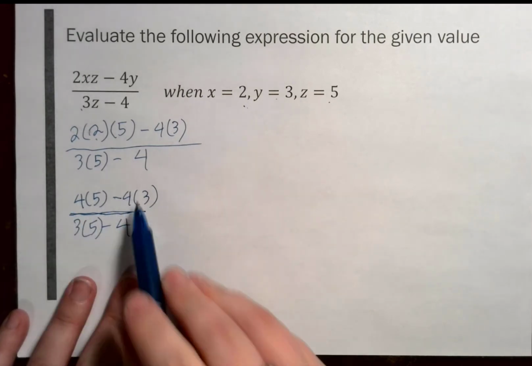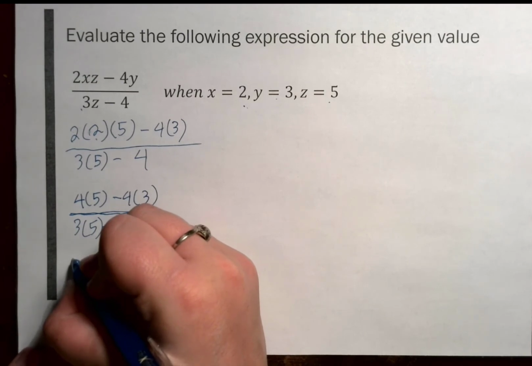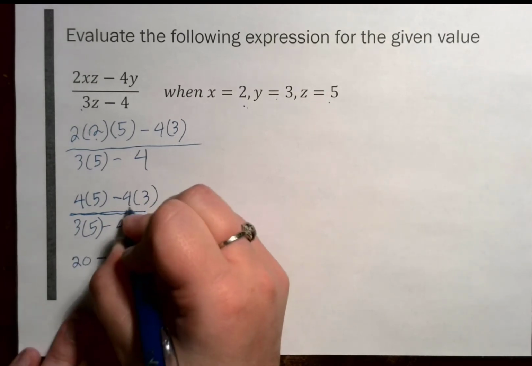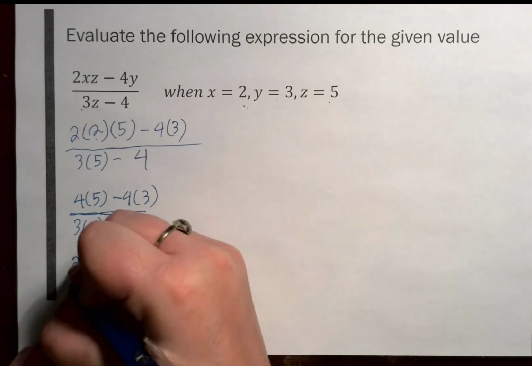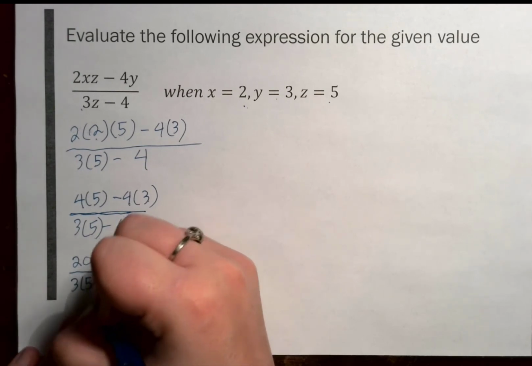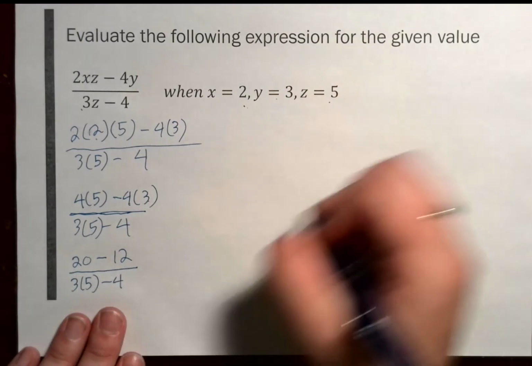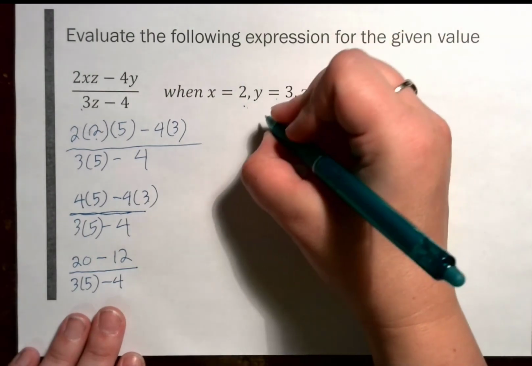Okay, 4 times 5 is 20 minus 4 times 3, which is 12. Okay, 20 minus 12 is 8.